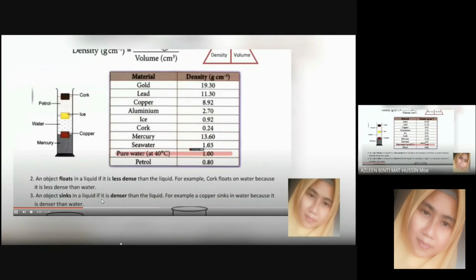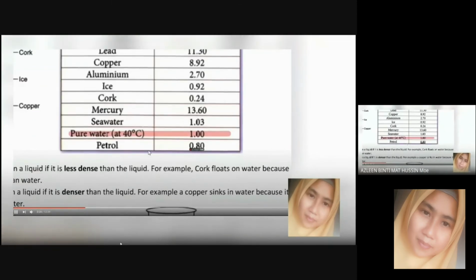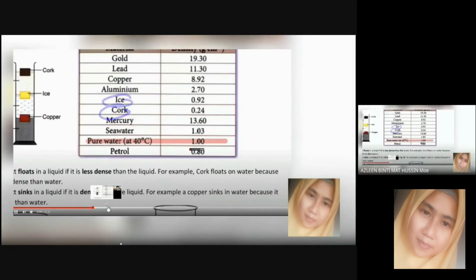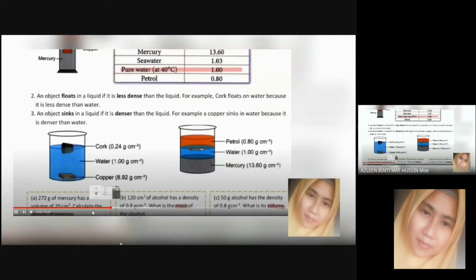Now have a look at this. Normally we will compare the density with water. Pure water at 4 degrees Celsius is 1 gram per centimeter cube. I will draw your attention to these two, ice and cork. The value is less than water, and of course they will float in water, and the rest will sink in the water because they are denser than water.